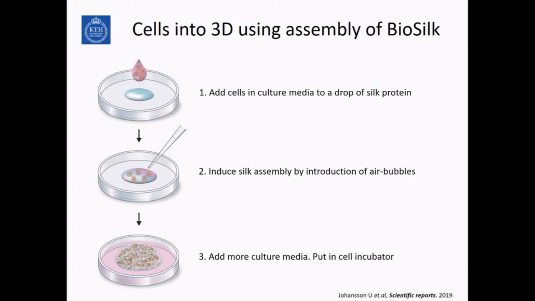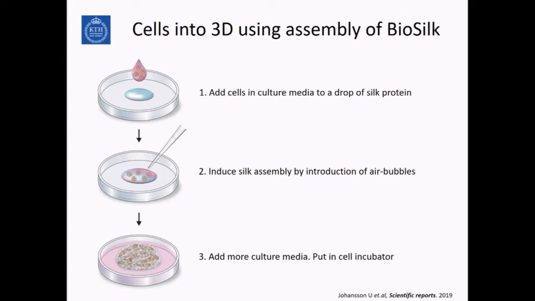And then to this protein, we add cells in cell media in a culture dish. And then we introduce air bubbles to get these interfaces to transform the silk. So we take a pipette tip and pipette in air bubbles for 5 to 10 seconds. And thereby we get a three-dimensional foam with cells in. And then we let this stabilize for about 15 minutes, and then we can add more cell media.